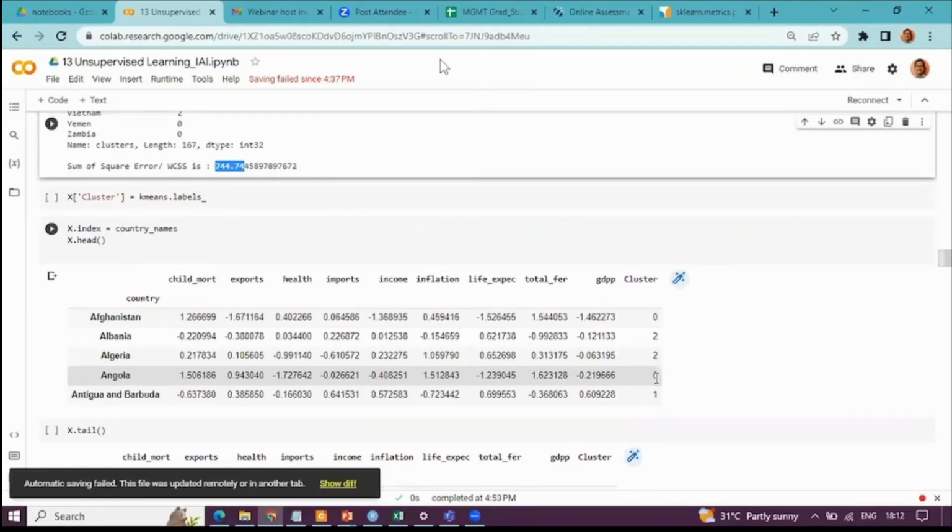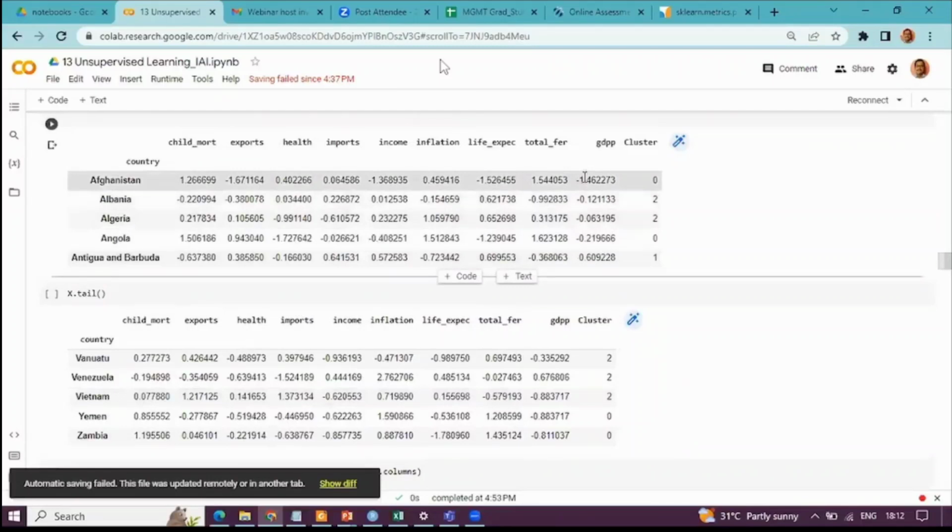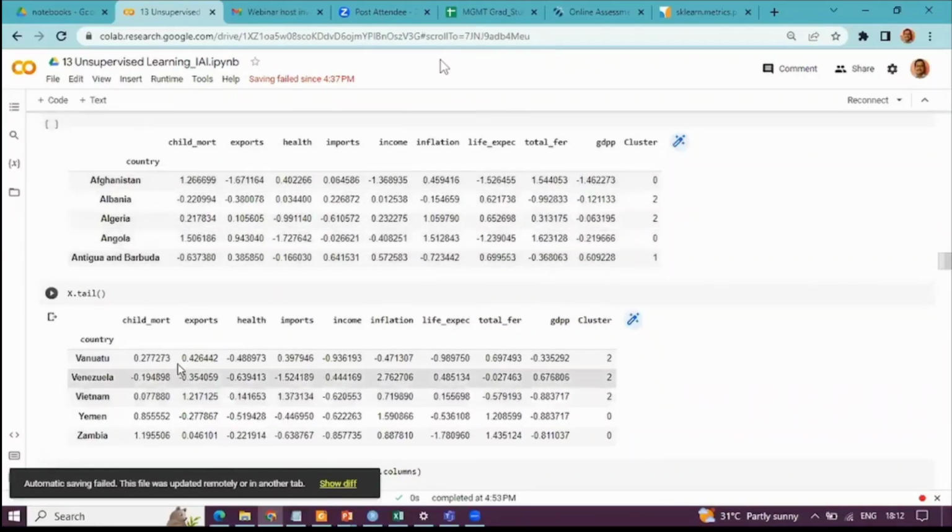Antigua and Barbuda became a part of another cluster. On the other side, you could also see Yemen and Zambia. They are also similar to Afghanistan and Angola. Whereas the 3 other countries, Vietnam, Venezuela, Vanuatu, are more or less similar to Albania and Algeria.